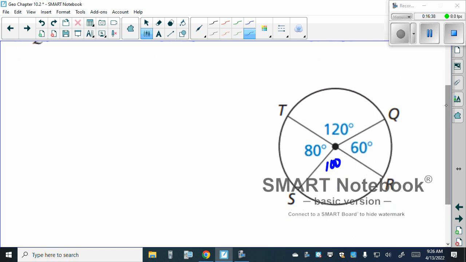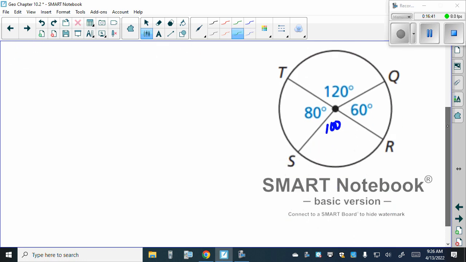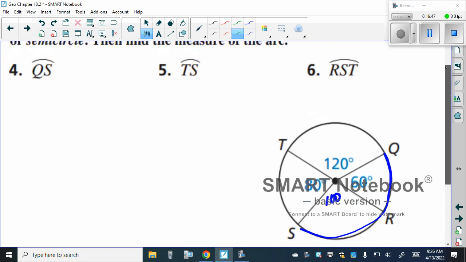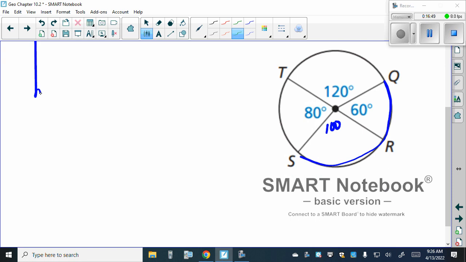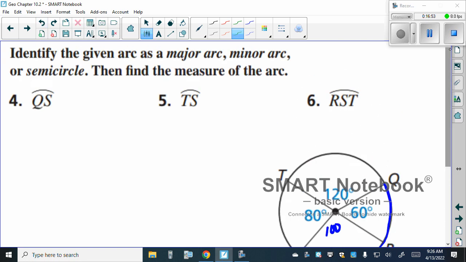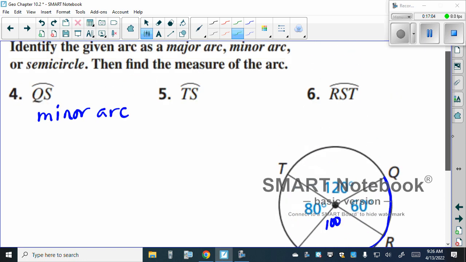So QS, from Q to S, is 160. So that would be a minor arc. How about TS? Would be minor arc, yes.